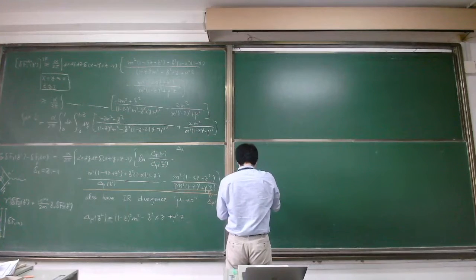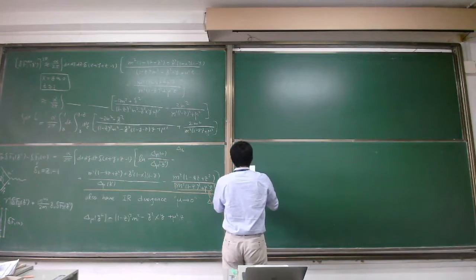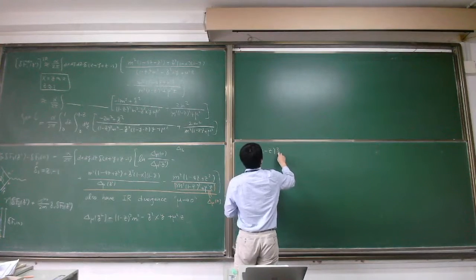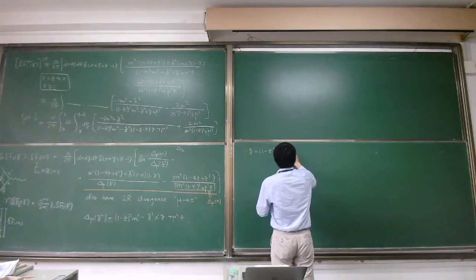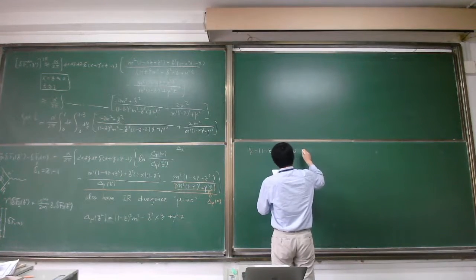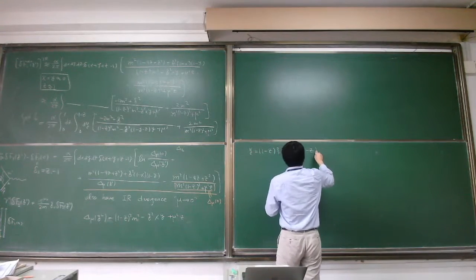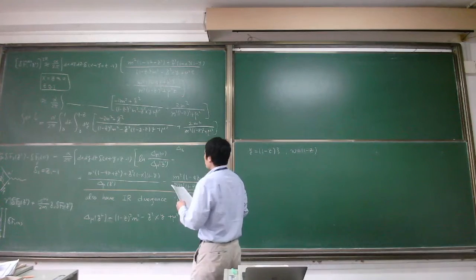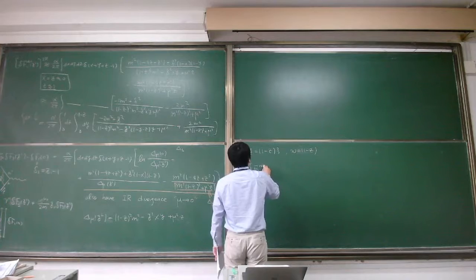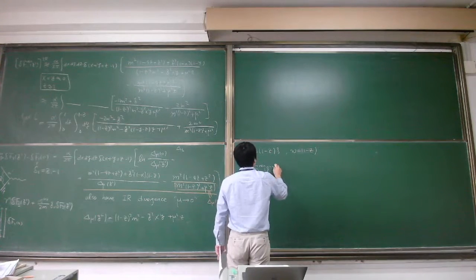I think it's better not to repeat the old calculation. We just do like w is equal to 1 minus c, and I will skip one step. Delta F1 we know, q squared.